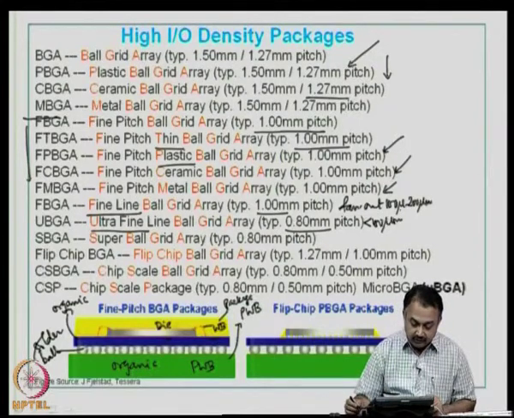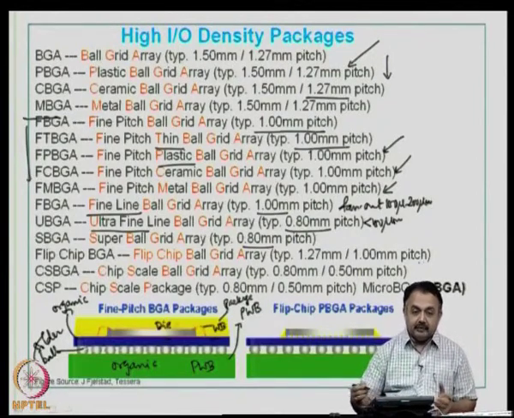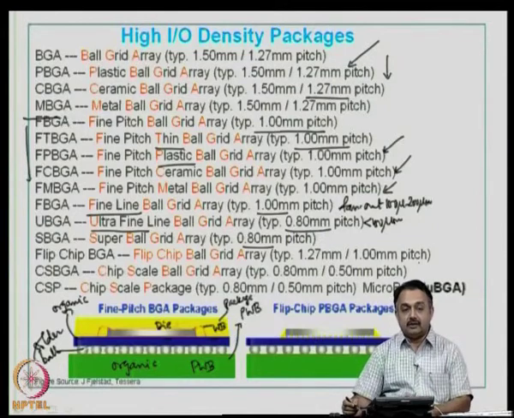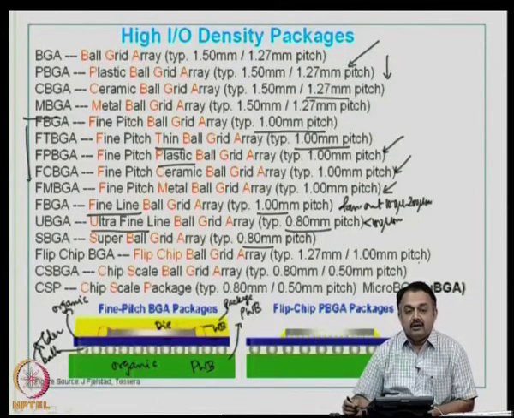Then you have a super ball grid array. Again, typically the pitch is 0.8 mm and less. It depends on what the company calls super, but we have seen that super ball grid array would attack the thermal problem, the thermal management of the die, much more effectively compared to large pitch devices.